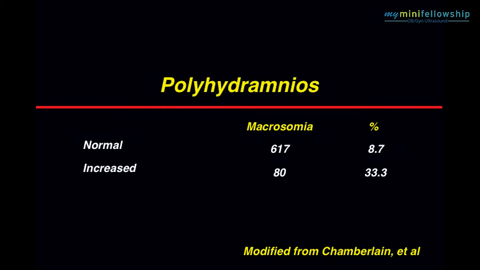Okay, I'm a hard liner on macrosomia and intrauterine growth restriction. If a fetus is in the 90th centile or above, my report will say macrosomia. Doesn't have to have polyhydramnios, but macrosomia causes a lot of cases of polyhydramnios.